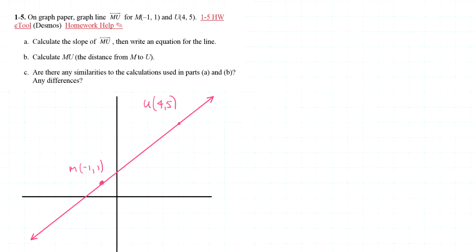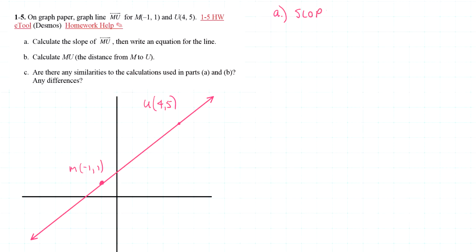Okay, so first things first. When you start doing these problems, there's going to be a lot of different ways to do the problem. So the most important thing is to show your work. In this particular problem, you start with A, and they want us to show the slope.